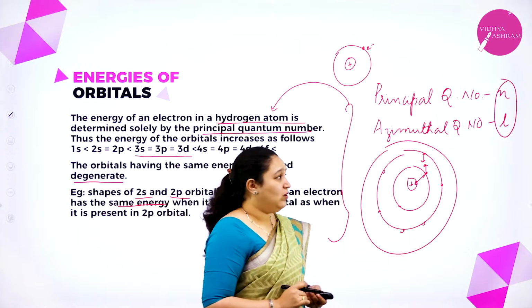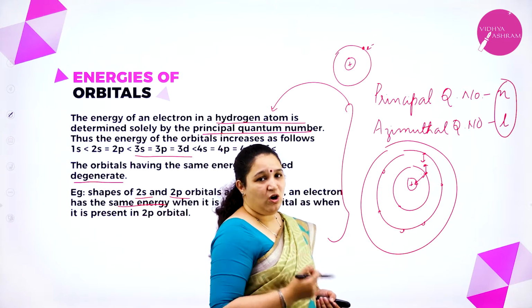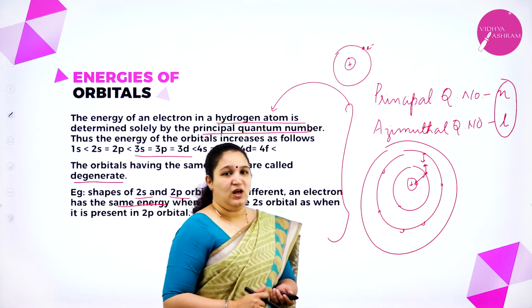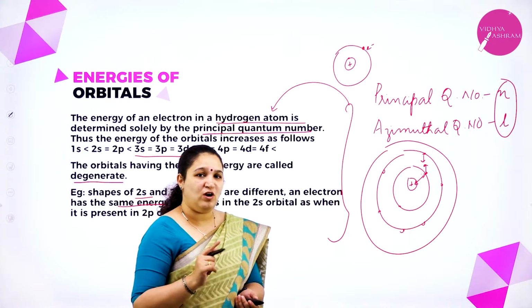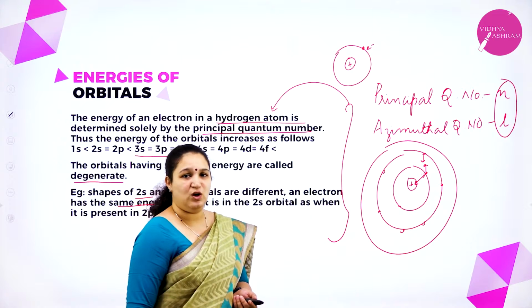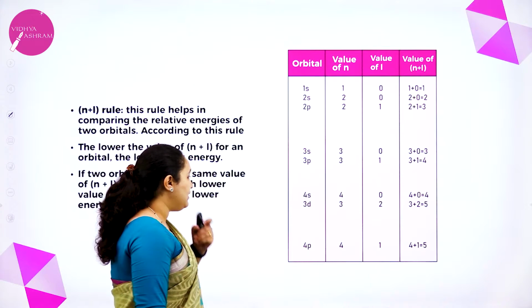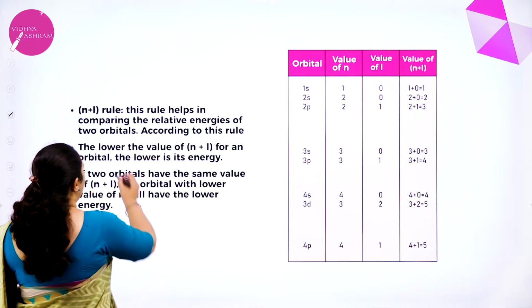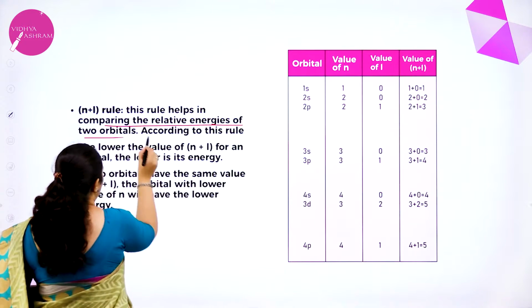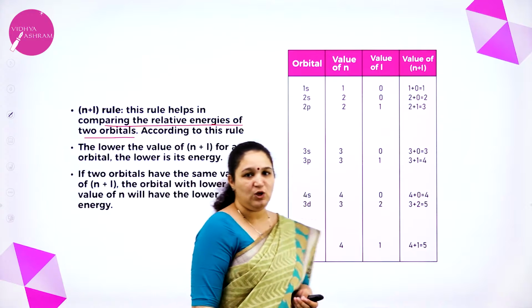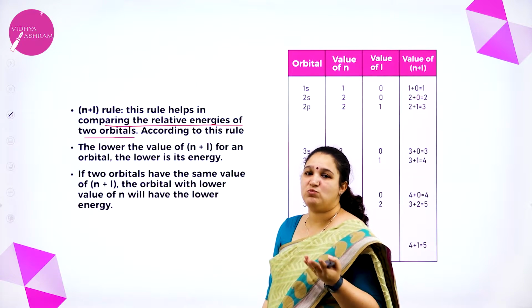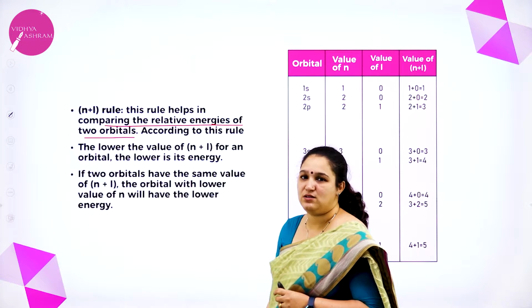Okay, so more about the energy of the orbital in multi-electronic atom, how to determine? We have a rule for that called the N plus L rule. So what is N plus L rule? This rule helps in comparing the relative energies of two orbitals. You can relate the two orbitals and tell which has more energy or which has less energy.